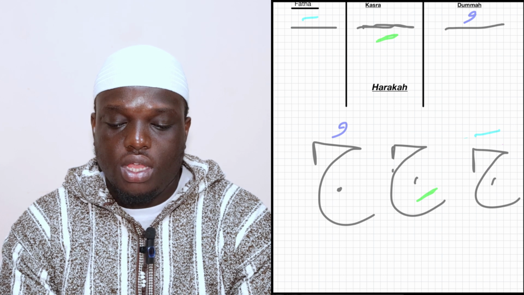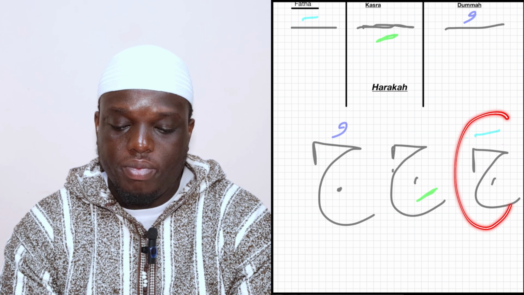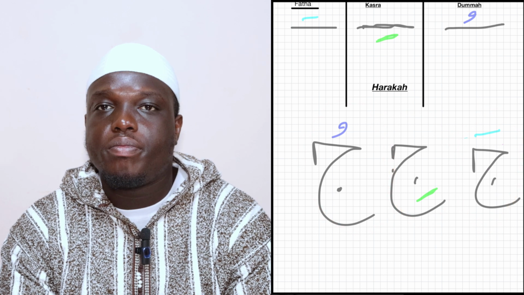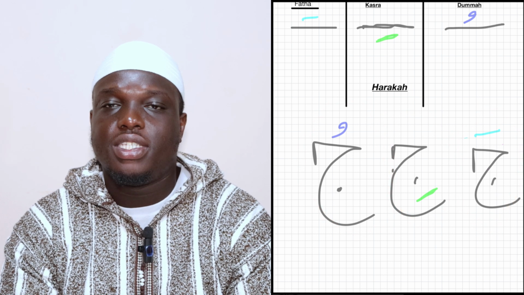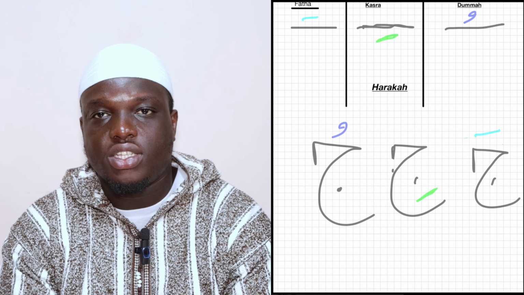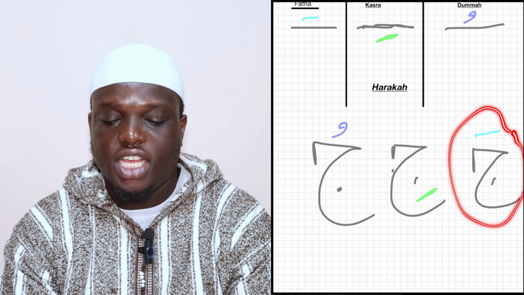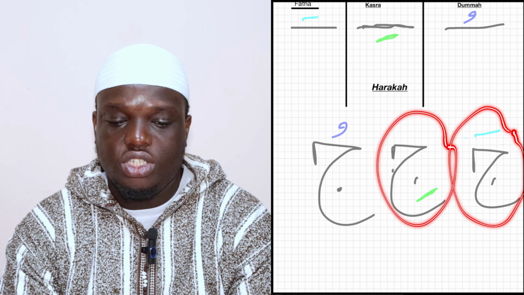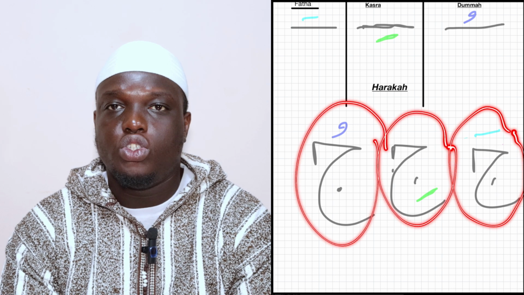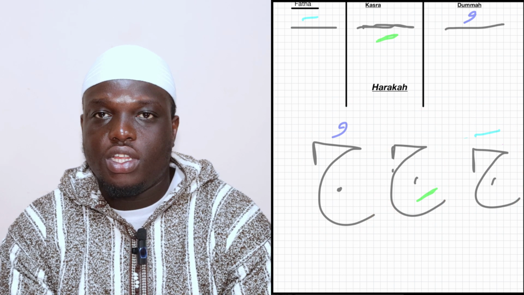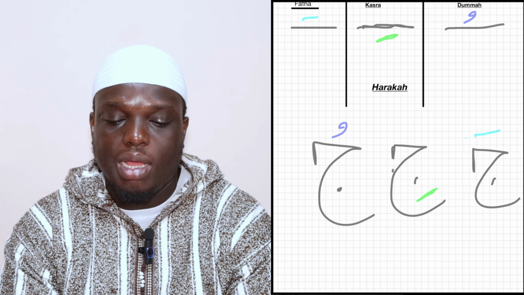We used the jim as an example to help us sound out these harakats. With jim, fatha is ja, jim kasra is ji, jim dhamma is ju. So we look at the letter first, and then we apply the sound on top of it.